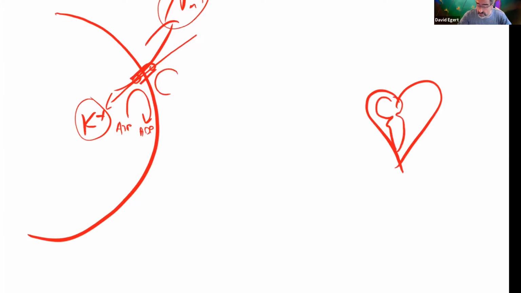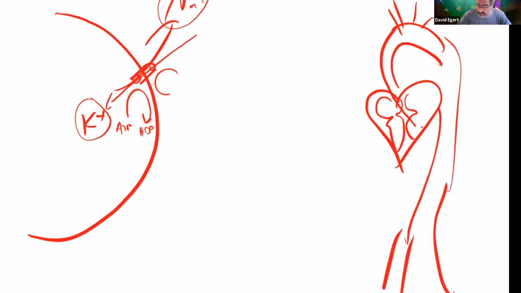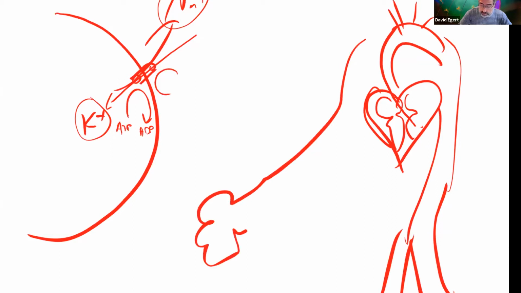I'm going to be drawing things like this on the board. And other times I'm going to be drawing like, here's the heart, and there's the aorta coming out, and we're coming down the legs, and here's somebody's arm or whatever. The scale on the board, they look about the same size, but in reality, the sizes are so radically different.